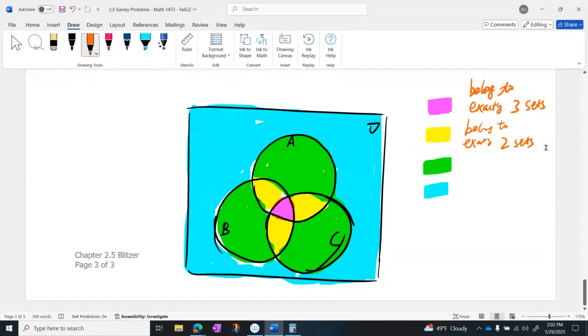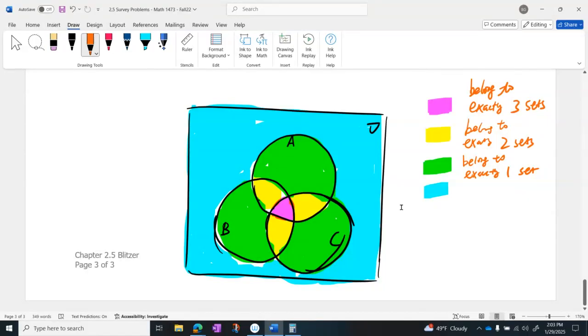The green region, we could start from the center and go outside, expanding to the outside. The green region includes all the elements that belong to exactly 1 set.